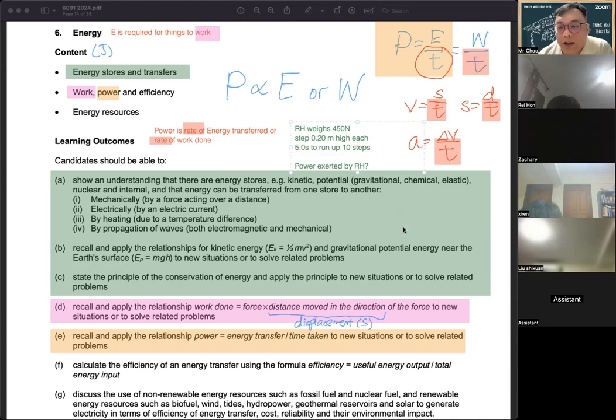Okay, the question is power. Okay, Siren, what is your unit in joule? Joule is for energy or work done. Now we're talking about power.